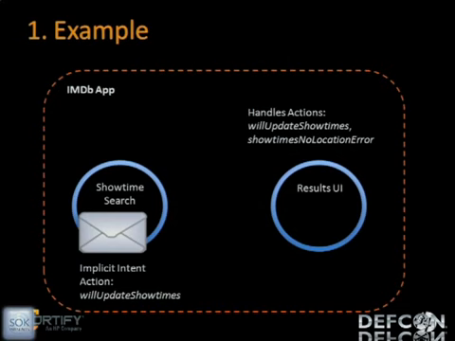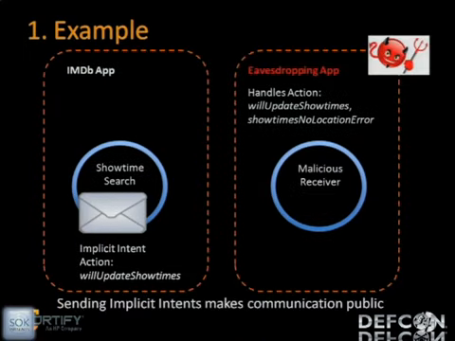So the problem with this scenario is that instead of sending a direct explicit intent between these components, the developer chose to use an implicit intent. So it made both the intent and also the receiver public. Just as a reminder, implicit intent means the system is resolving where that destination should be.